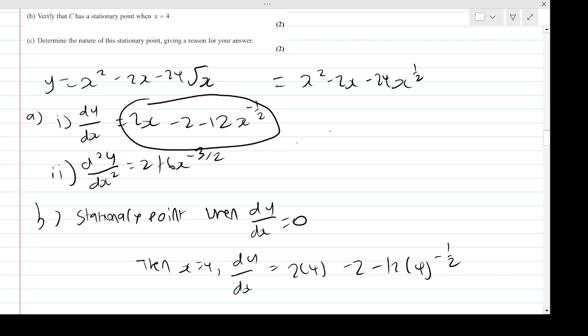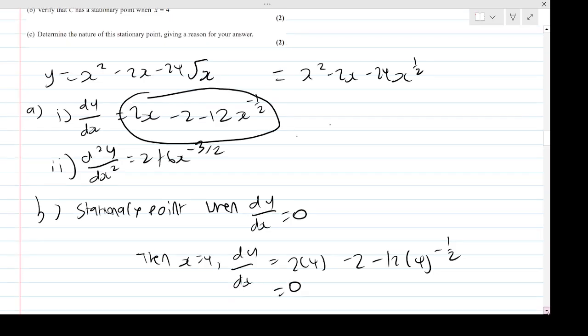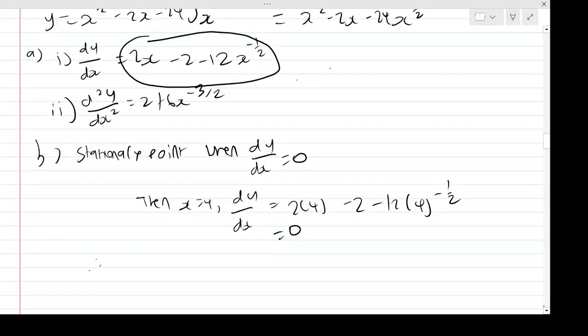Yes, 0. So therefore it has to be a stationary point. Okay, so there's a stationary point at x is 4.